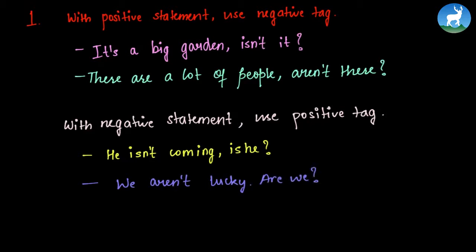We aren't lucky, are we? So these are negative sentences, negative statements. He isn't coming. This is negative, and the tag is he, a positive tag. Similarly, we aren't lucky is a negative statement, whereas are we is a positive tag. This is the first rule.